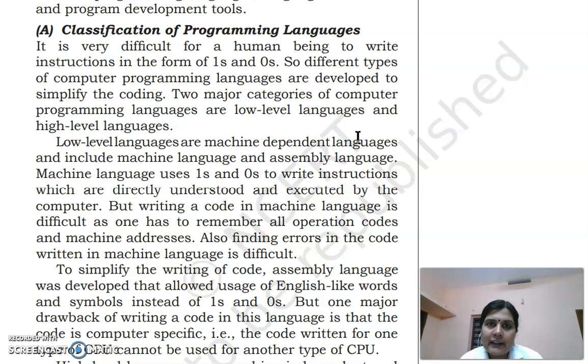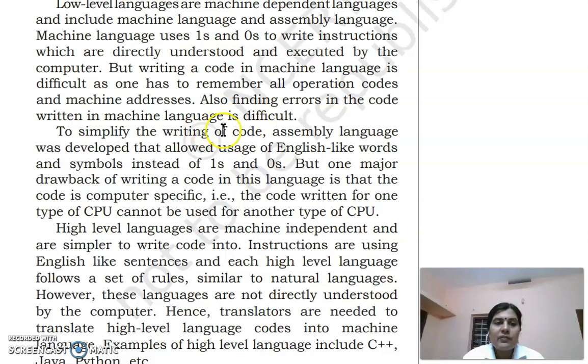There is another category. We write programs in different programming languages like C, C++, Python, Java, according to our wish, which is known as high level language. The computer's language is known as low level language. What is the difference between low level language and high level language?